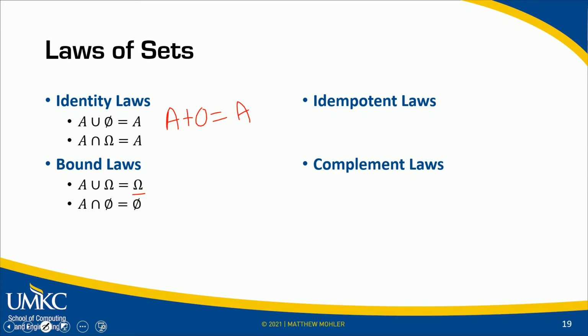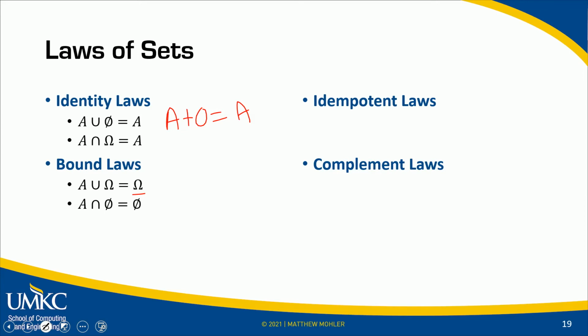The other bound law is the opposite side, saying that if I take A intersected with the empty set, I'm just left with the empty set. If I say, give me everything that is in both A and nothing, well, since nothing has nothing, then it doesn't matter what's in A, it can't be in both of them because the empty set is nothing. So again, just saying that that is the empty set.